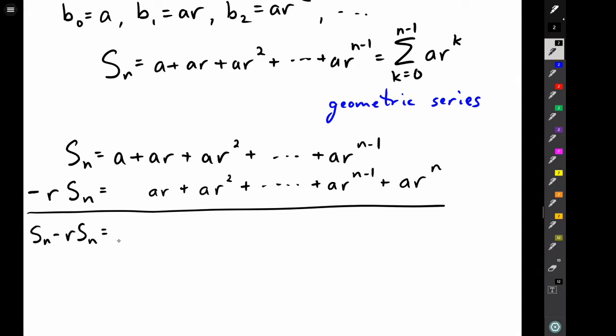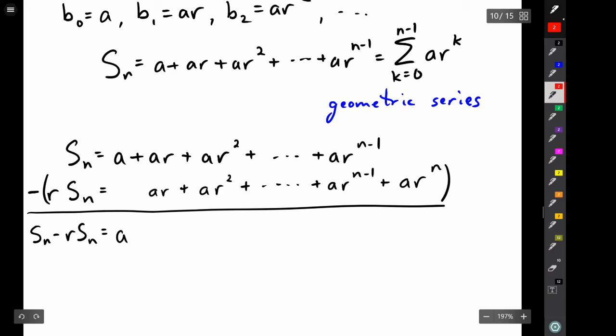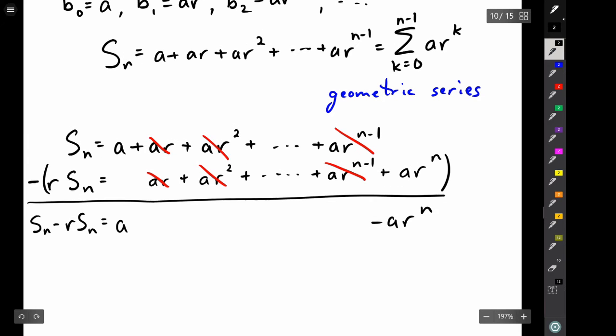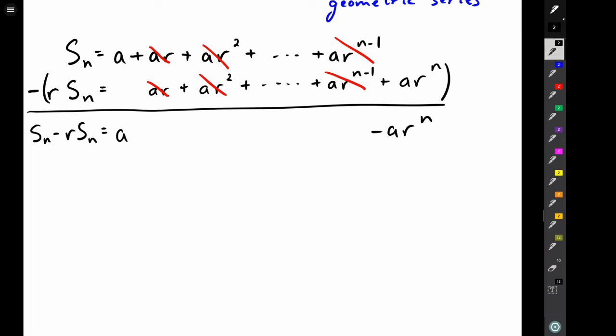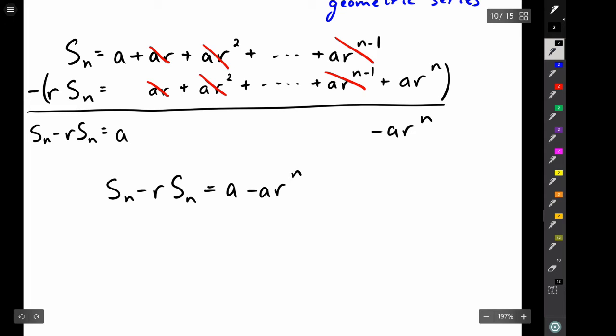Nothing is subtracted from the a, but when I subtract these, I should put a negative around the whole expression. This is going to cancel with this, and this cancels with this. Everything in here is going to cancel with everything below it, and all that's left over is minus ar to the n. So what we get is the equation Sn minus r Sn equals a minus ar to the n.